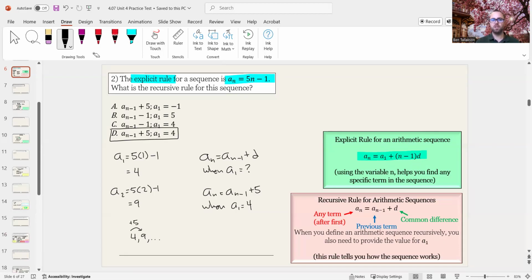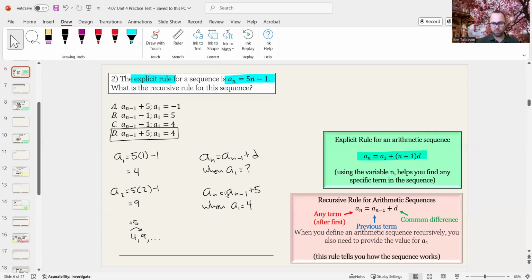And fortunately, we have our explicit rule already simplified. So we can plug in 1 to find a sub 1, right? So we plug in 1 here and here. We work it out and find out a sub 1 is actually 4. And that's what we need for our recursive rule, right? We need to say when a sub 1 equals 4.